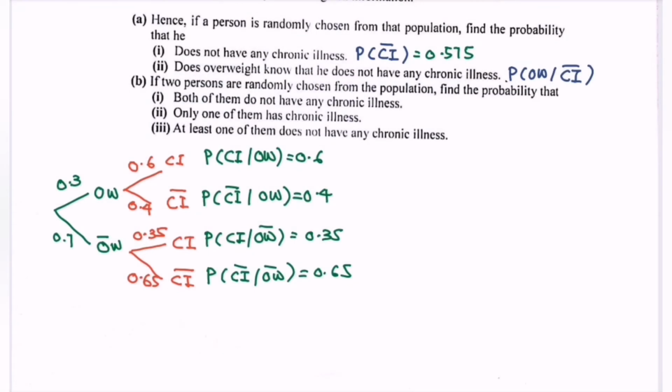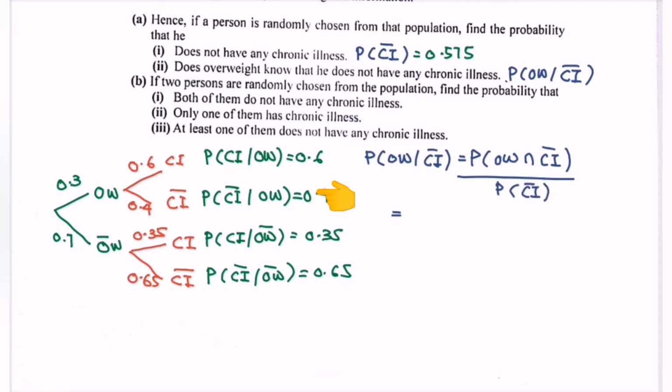Next, find the probability of overweight, known that he does not have any chronic illness. So here we have the probability of overweight given non-chronic illness. This refers to the conditional probability, overweight intersect with non-chronic illness over the probability of non-chronic illness.